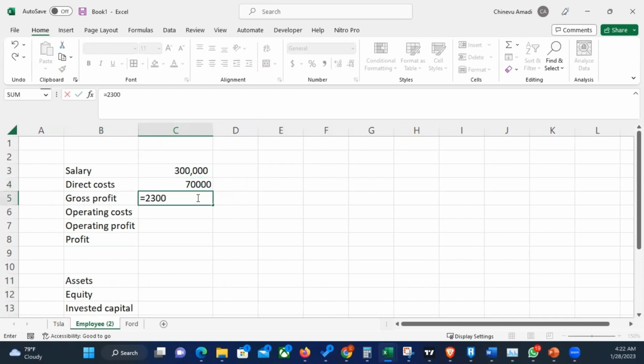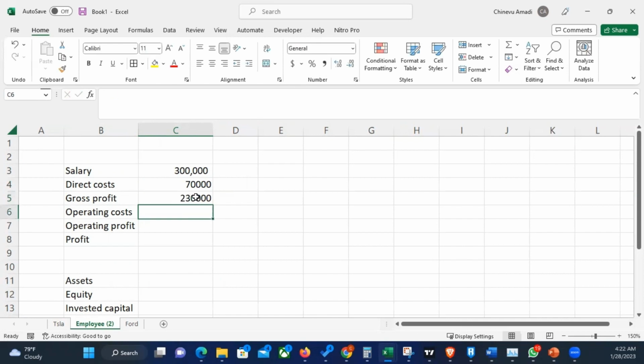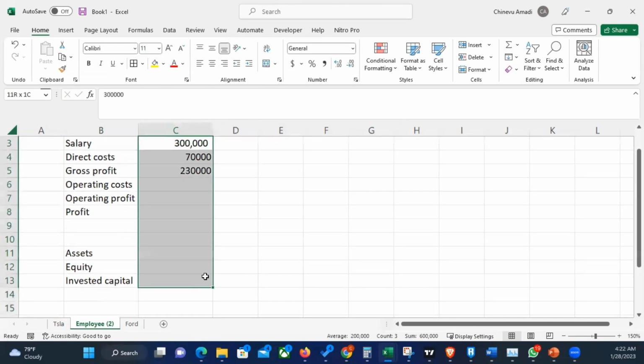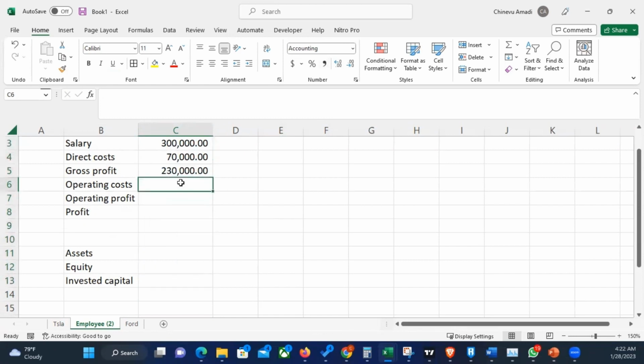Now operating profit. Of course, you have to run your house, right? You pay electricity bills, you pay rent, you have dependents, you give to your church, you give to charity, all those. So let's say this person spends 160,000 naira as operating cost.